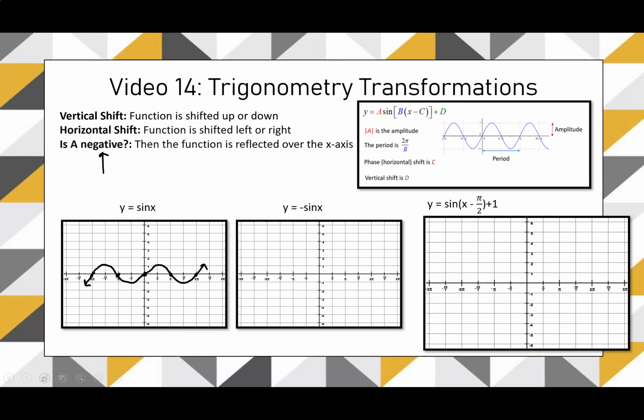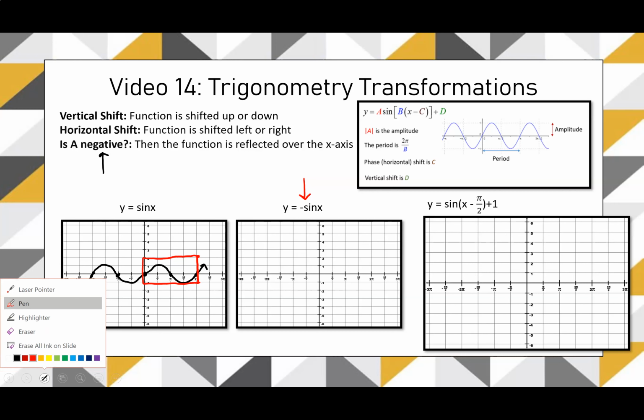All right, let's just focus on one period at a time here. So for one period, if I'm going to have a negative sine x, that actually gets reflected over the x-axis.